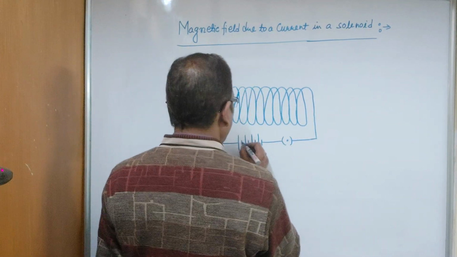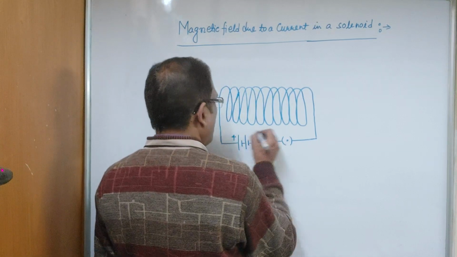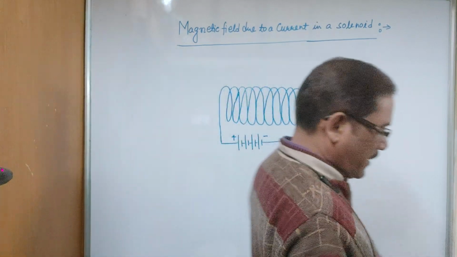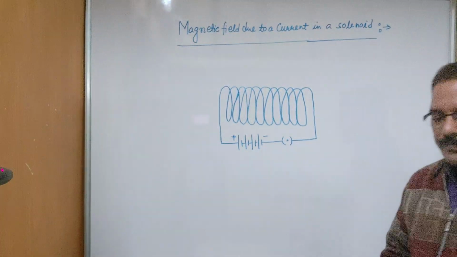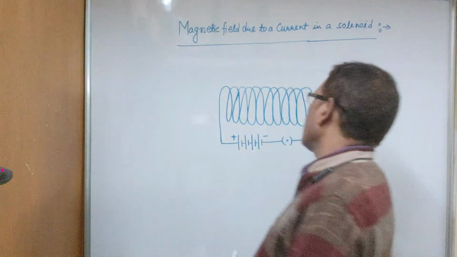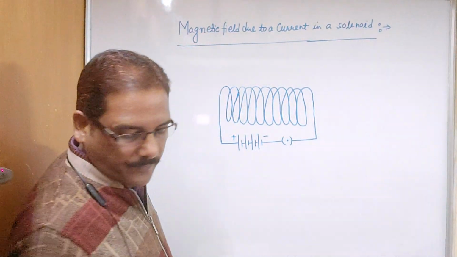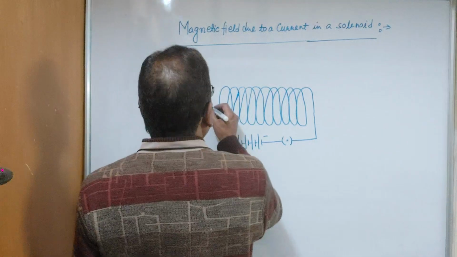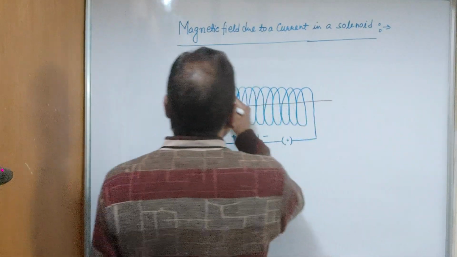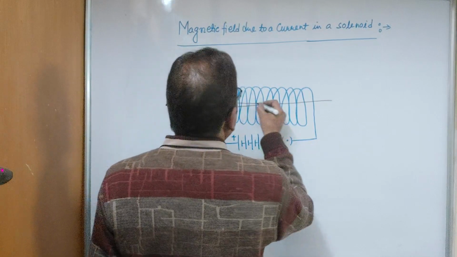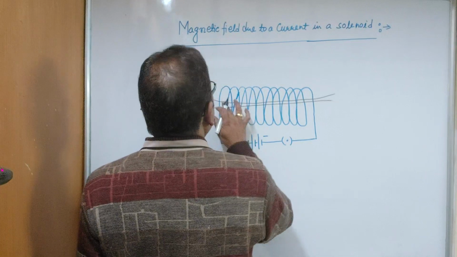So we have drawn a spring-like structure which is a solenoid, and when you plug the key, current starts flowing through it, and you will get the magnetic field lines like this.